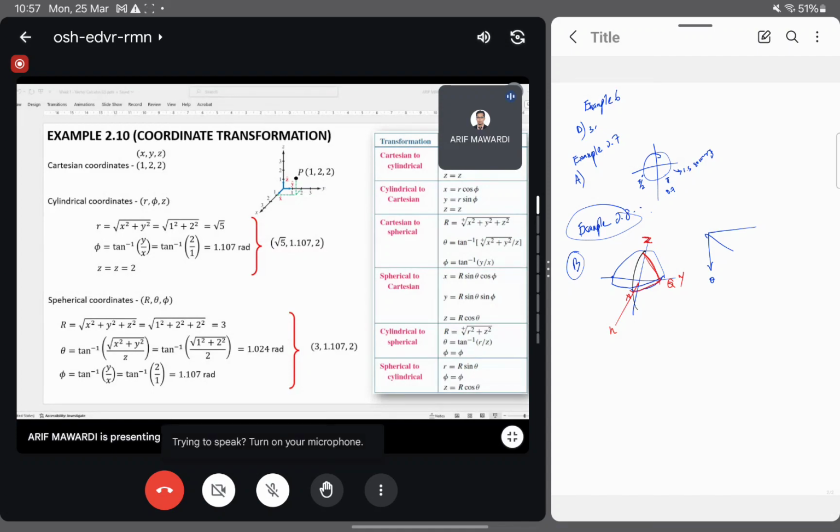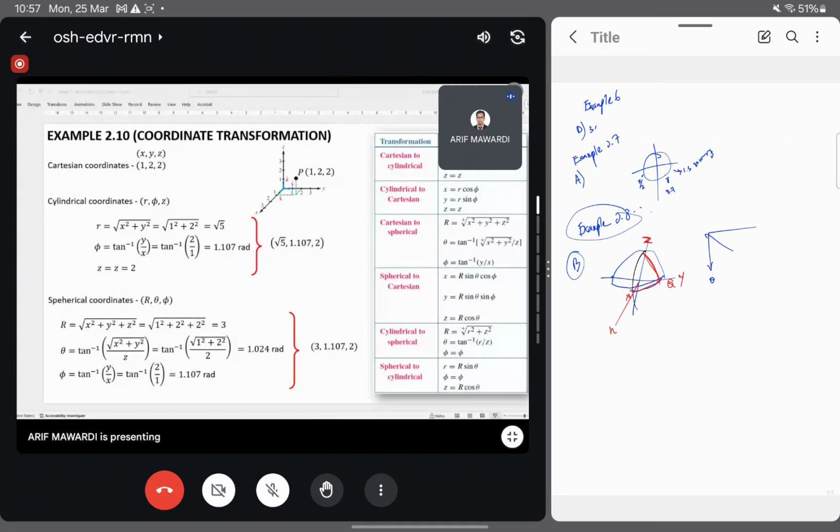And then for the third and last coordinate variable in the cylindrical coordinate system, z, I can just use this one. z in the cylindrical coordinate system is just equal to z in the Cartesian coordinate system, which is 2.